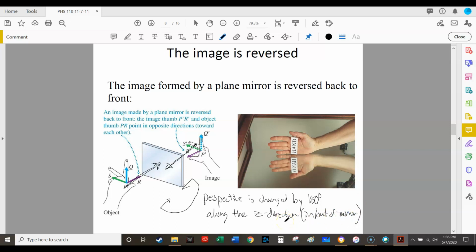So if I'm looking towards a mirror, my image in the mirror is pointing back out in the opposite direction that I'm looking. It's not reversing left or right, which would be the X direction. So this is the X direction, this is the Y direction, and this is the Z direction. Okay, so it's actually reversing your perspective along the Z direction, in and out of the mirror, by 180 degrees.